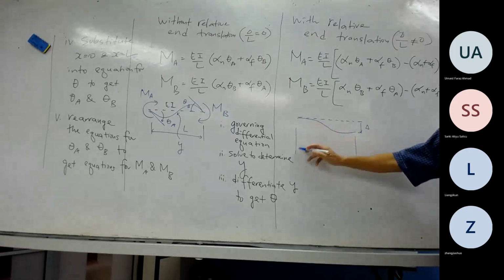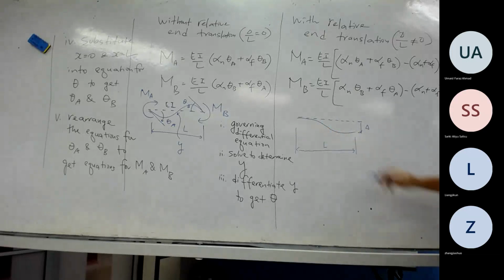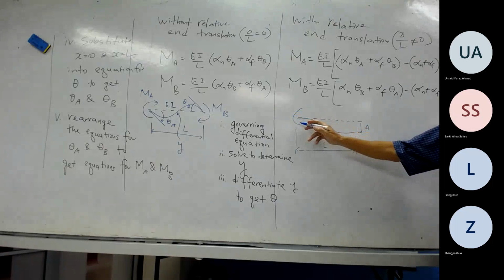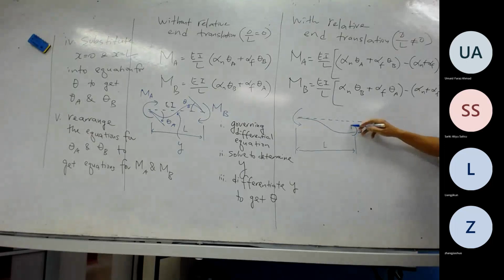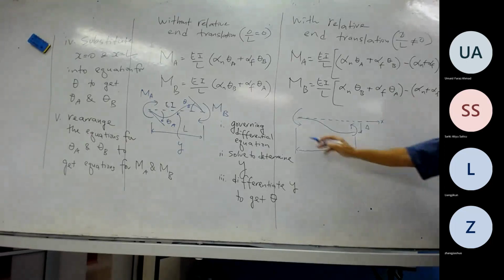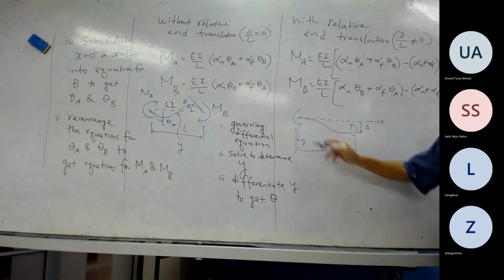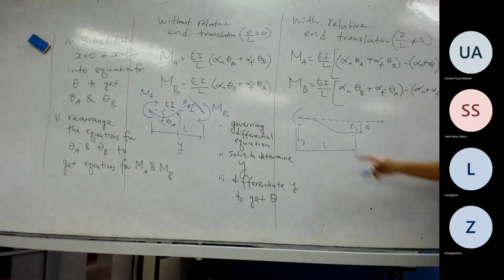This is again L. And there is a moment, and you have another moment here. And our coordinate axis is like this. This is y. So delta is in the positive direction of y.